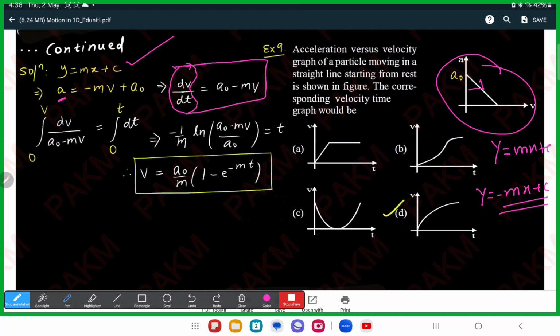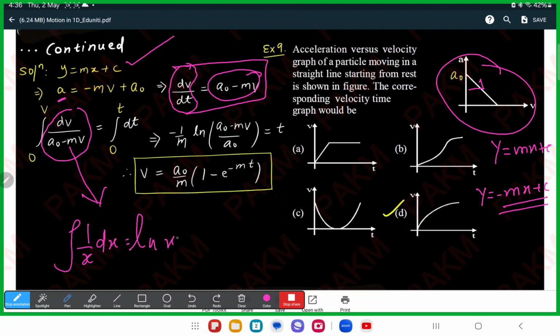Now we will take the v terms to the v side and the dt terms to the dt side. Once we integrate, dear, this is a new integration for you. Always remember, integration of 1 by x dx is equal to ln x. Always remember, if a constant is there and power 1, it will always be ln x.